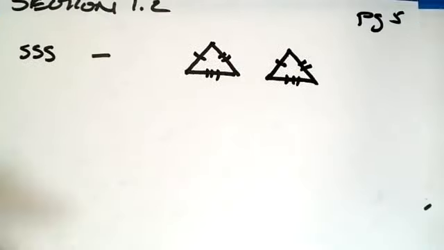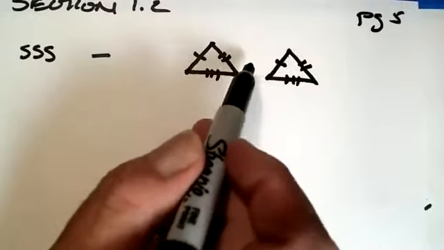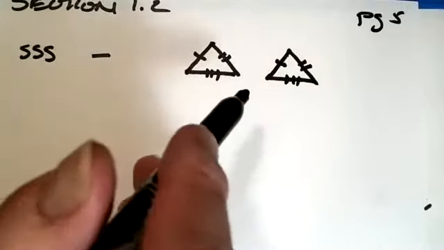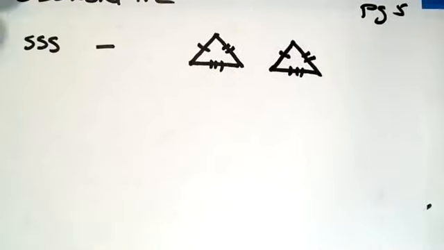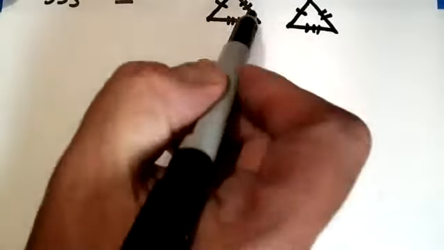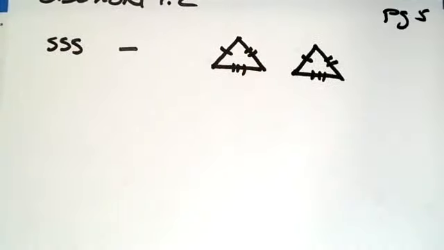And this also leads to congruence. If all the sides are equal in a corresponding fashion, then all the angles are as well. And it's the position of these angles that's critical also. You can't just say this angle is equal to that one, or something strange like that.